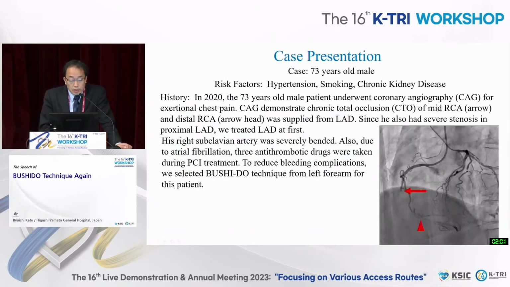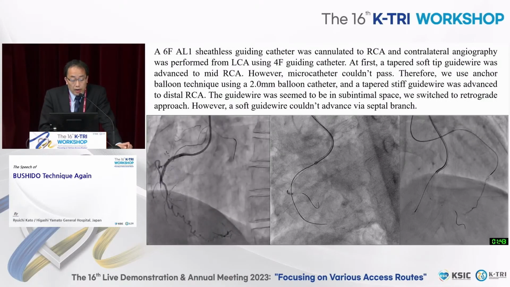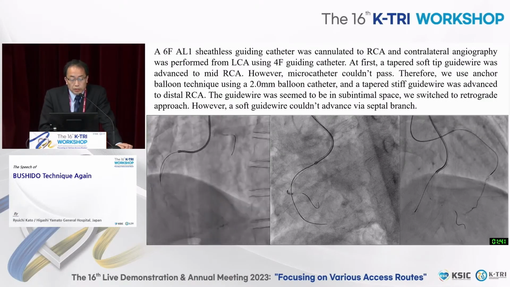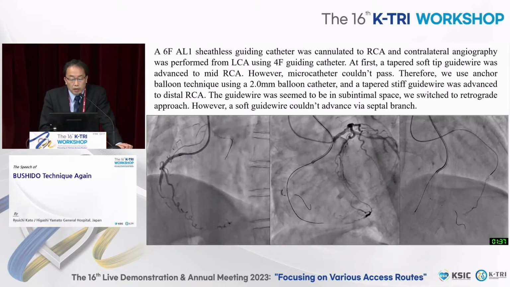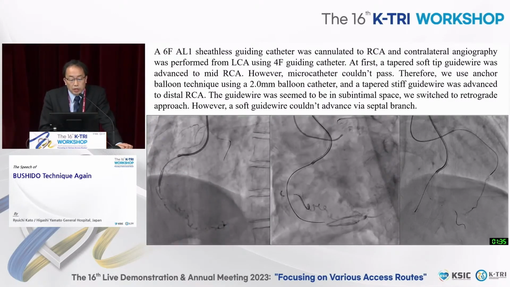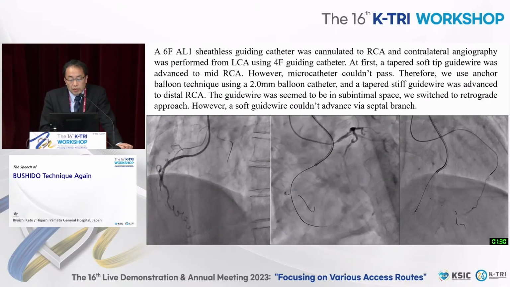The next case is a 73 year old male, who also had a mid RCA CTO, and this RCA was supplied from the LAD. In the same way, in this patient, a 6 French sheathless guiding catheter was cannulated to the RCA, and contralateral angiography was performed from the LCA using a 4 French guiding catheter for the retrograde intervention.